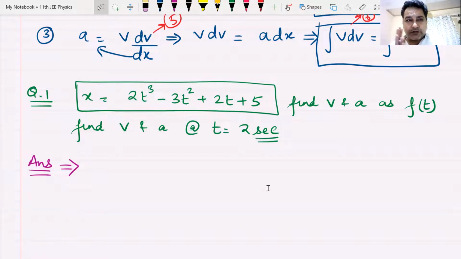I hope you remember the derivatives. If you don't remember the derivatives, simple formula: d by dt of t raised to the power n is n times t raised to the power n minus 1. So I hope you can all do this. Do you want me to solve this one for you, or you can do it on your own?